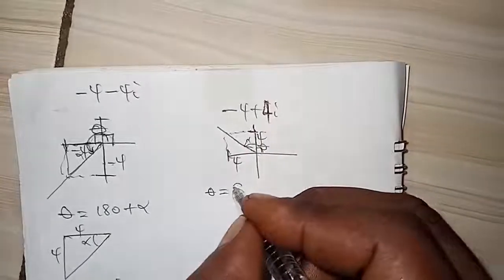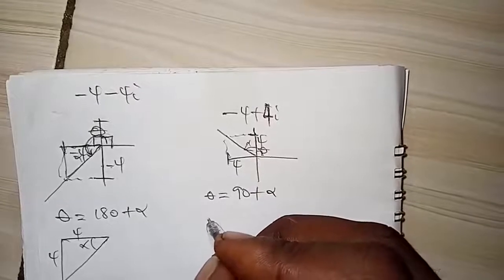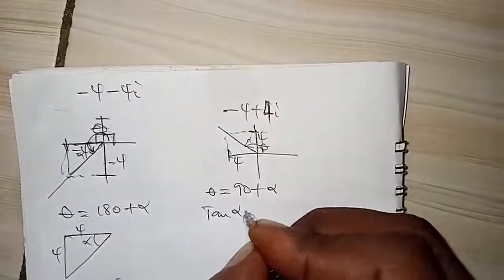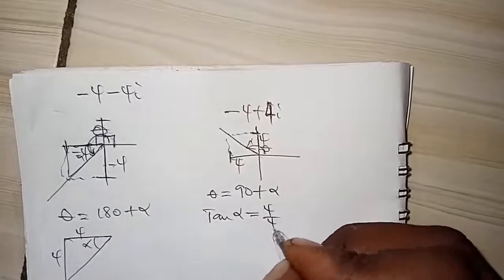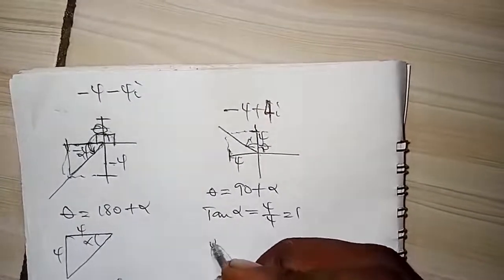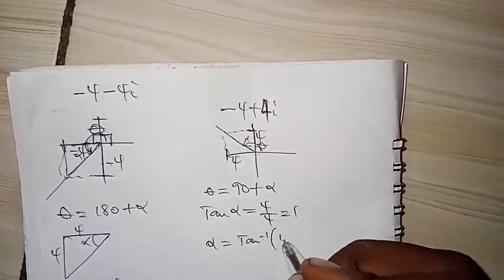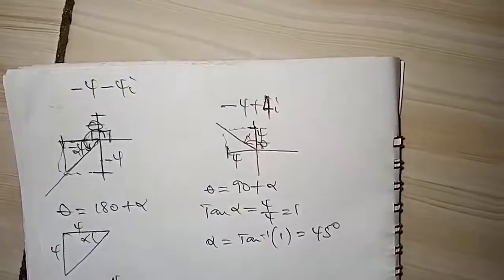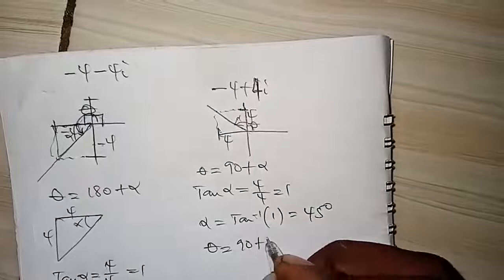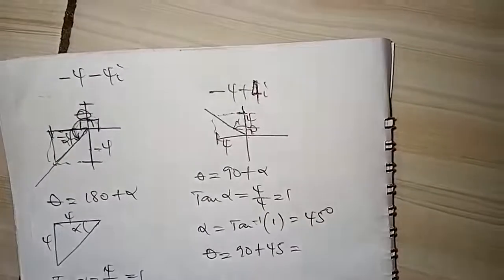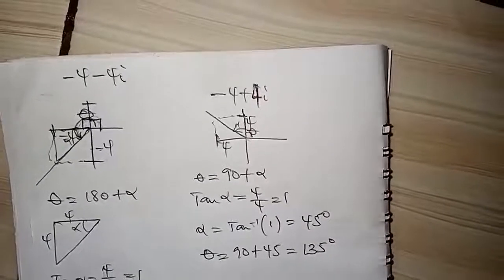Theta is equal to 90 plus alpha, since here is 90 and we don't know here, so we call it alpha. So tan alpha is opposite over adjacent, 4 over 4, which is 1, and alpha is the tan inverse of 1, which is 45 degrees. So theta is 90 plus 45, which gives us 135 degrees.